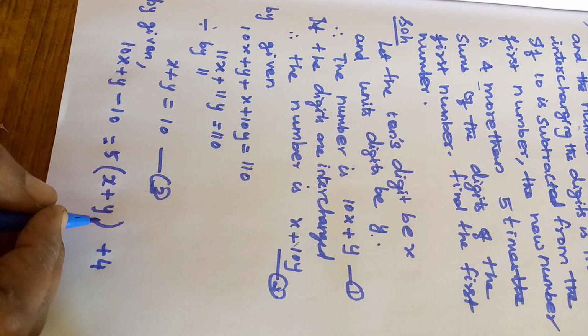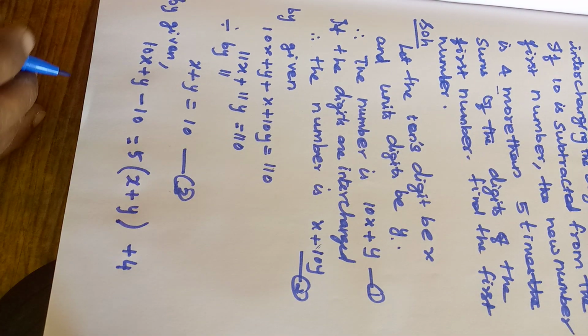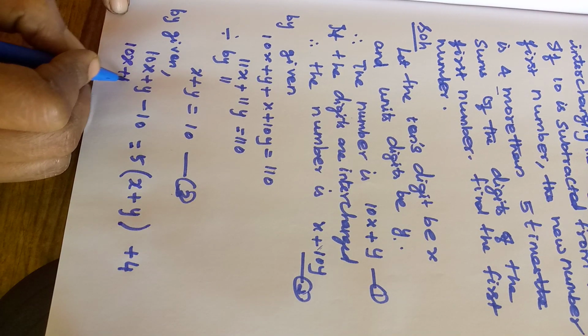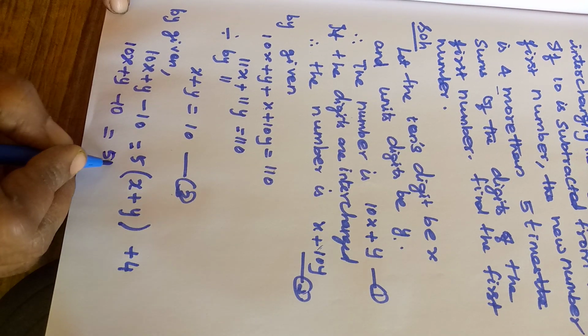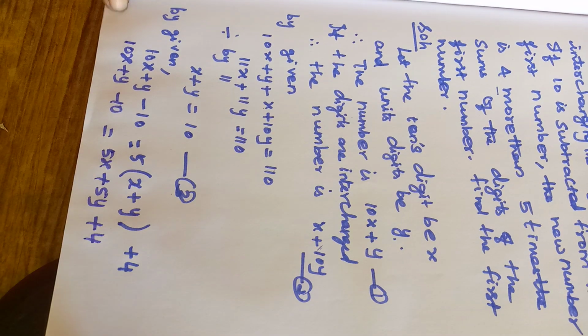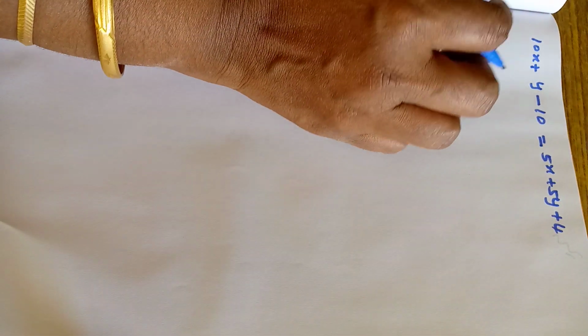Understood this concept? From here, 10x plus y minus 10 equals 5 into x plus y, that is 5x plus 5y plus 4. Keep only the constant term here, and bring all the remaining terms to this side.